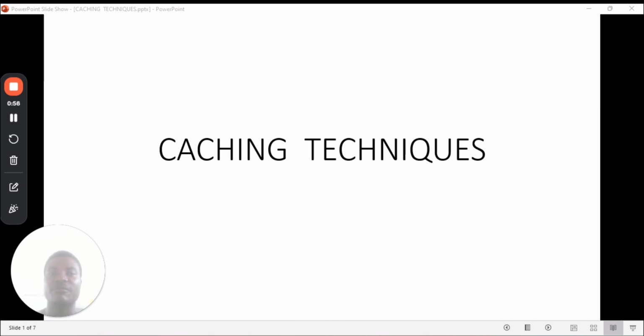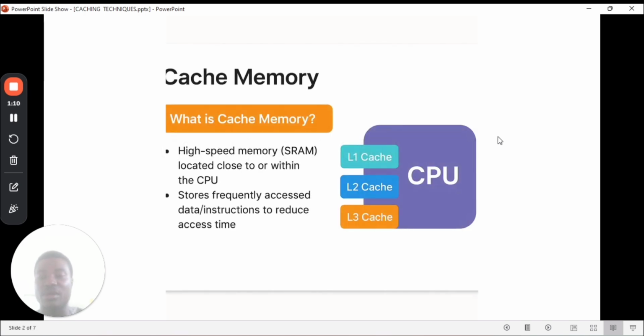Before we begin, what is cache? When you say cache memory, what does it mean? Moving on to our next slide, we are going to look at the definition of cache memory. Cache memory is a small, high-speed memory located closer to or inside the CPU, the central processing unit.